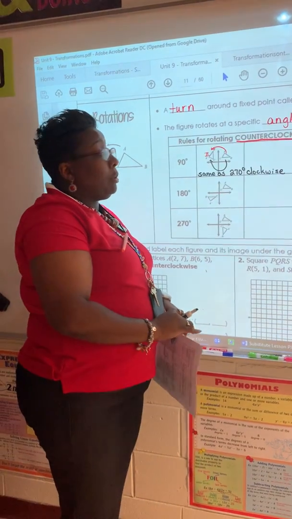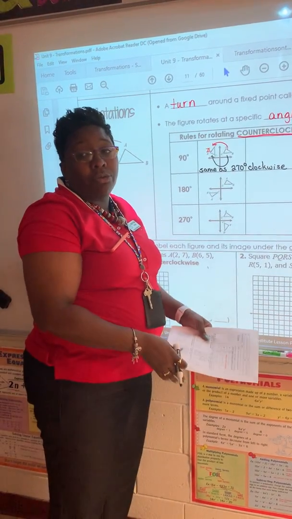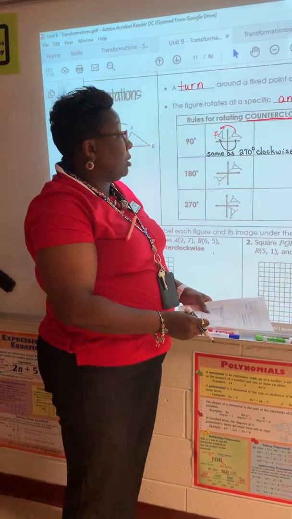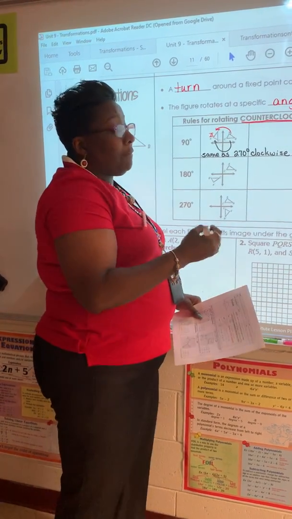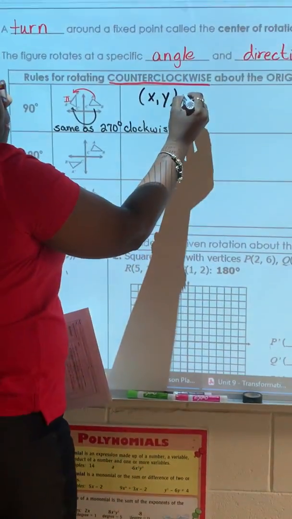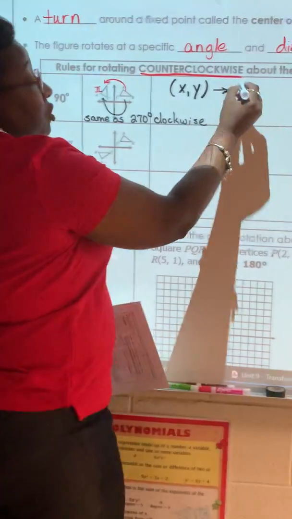Now in your foldable, you also took notes that will help you, so you can use those notes as well. We're going to continue to build on 90 degrees counterclockwise. From our foldable, we know if we're given x and y, we multiply the y by -1 and we switch them up.